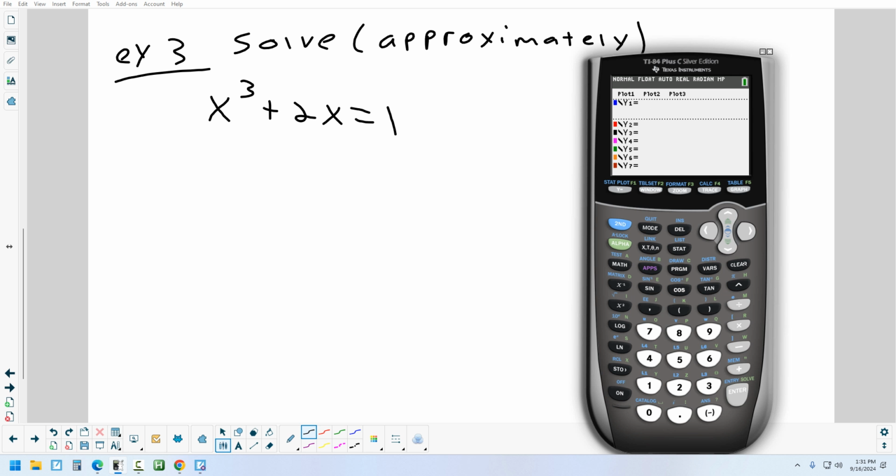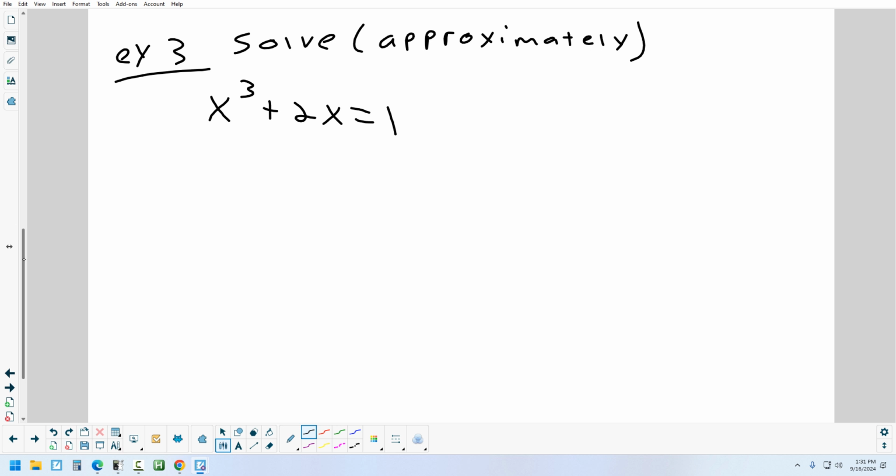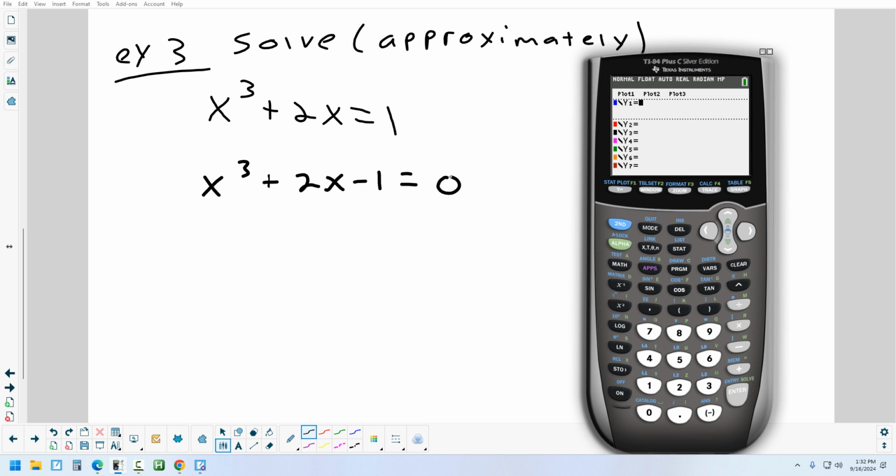Before we put it in, what do we have to make sure it's equal to? 0, so you get to subtract 1. So x cubed plus 2x minus 1. That's what you want to do first, get it equal to 0. Now type it in: x cubed plus 2x minus 1.